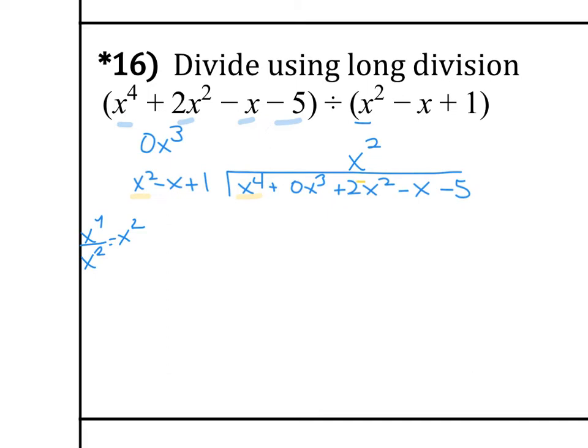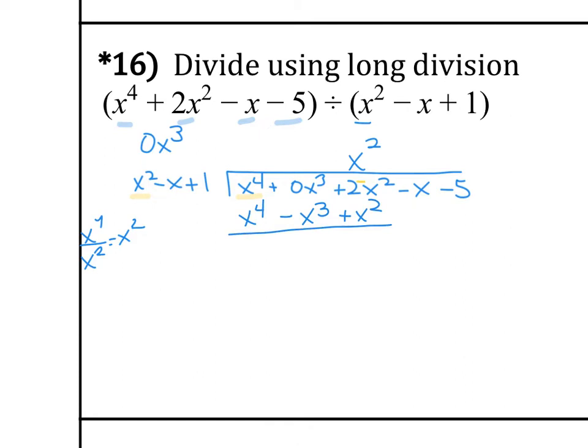And so what we're going to do next is you take this x squared and you multiply it to this trinomial here. So x squared times x squared is x to the fourth, which is what we wanted. Then x squared times negative x is negative x cubed. And then we have a positive x squared.